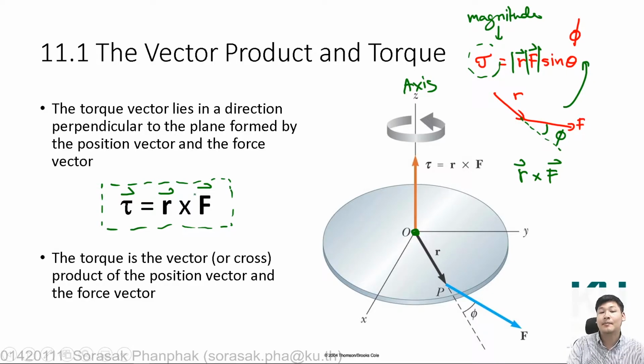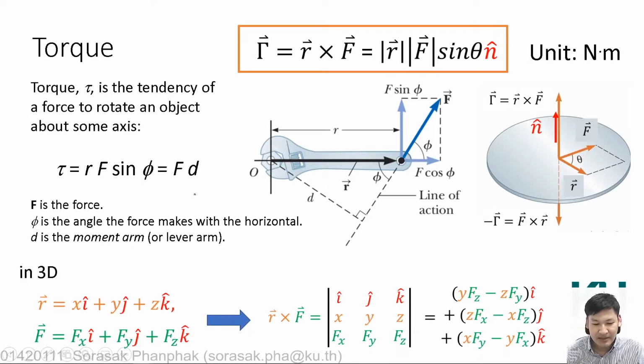We will learn about our right hand rule. We have r, F, and then this is the direction of the torque. As we mentioned before, torque is equal to r cross F. Some textbooks prefer to write torque like this, or you can write torque like this. It doesn't matter; it depends on how you define it.